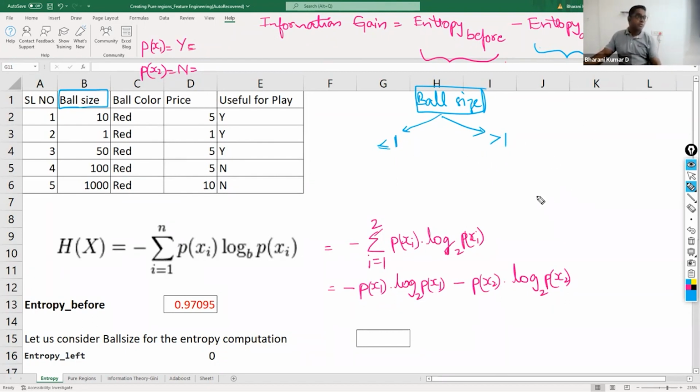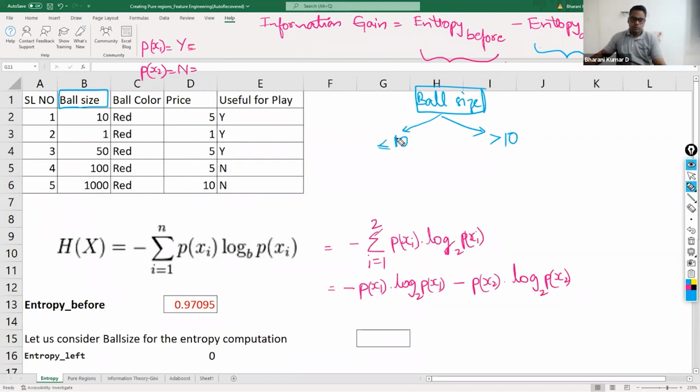What is entropy? Measure of purity or measure of impurity? Impurity means what? Error. Right? So it will calculate that entropy for this rule. And then it will go with the second rule, 10. Less than or equal to 10, greater than 10. Again, it will continue the algorithm and it will calculate the entropy after. How is it calculated? We'll get there.